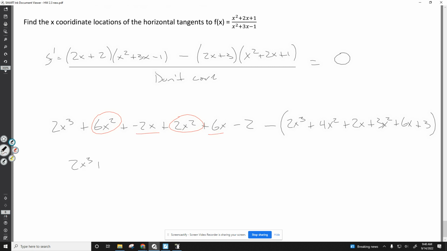Two x cubed plus 8x squared plus 4x minus 2, minus 2x cubed plus 7x squared plus 8x plus 3. Some of that stuff's going to be gone. Distribute the negative.